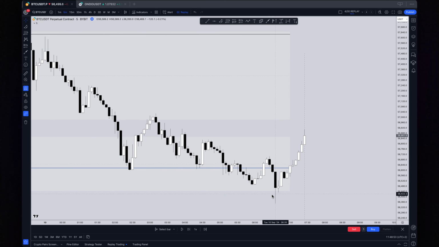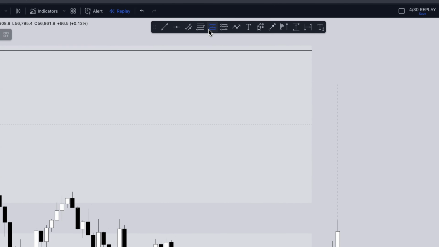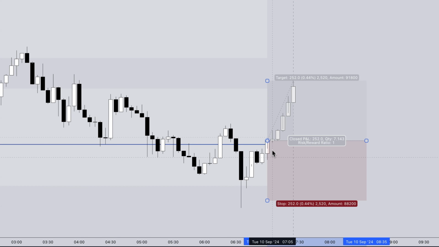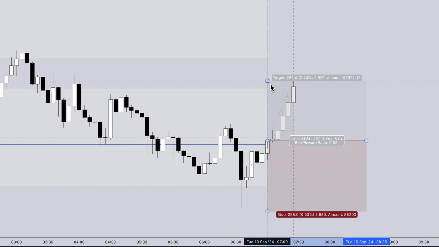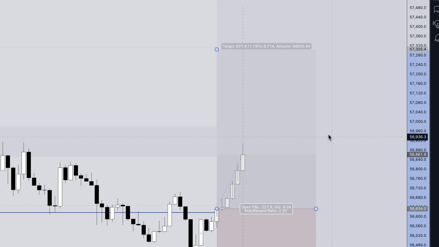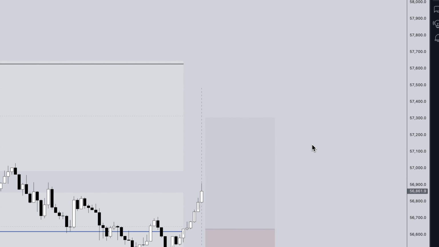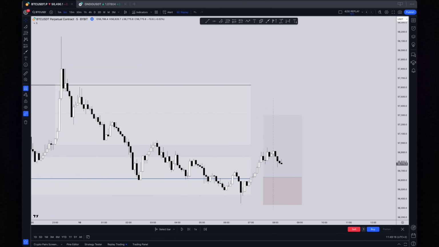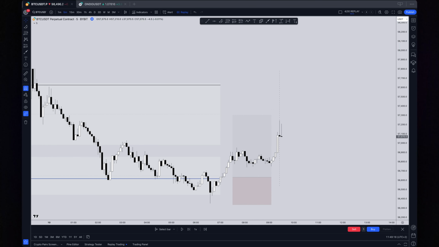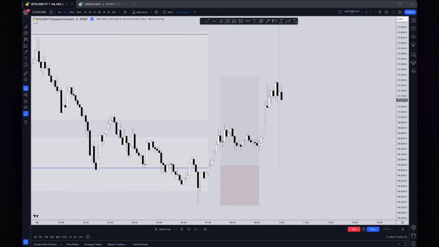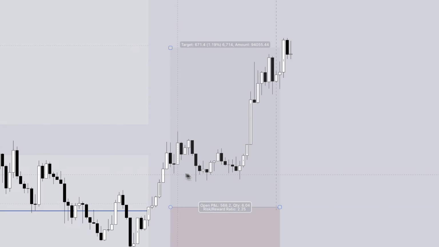So that's a spike, that sweeps, forms a swing, LGC, continuation. Okay, we didn't get a fill because I was in later, but that would have been a good trade.